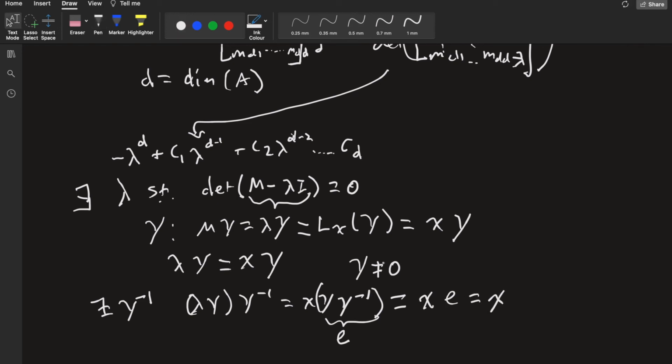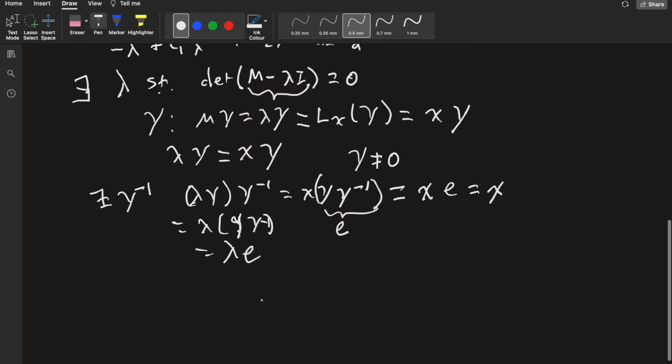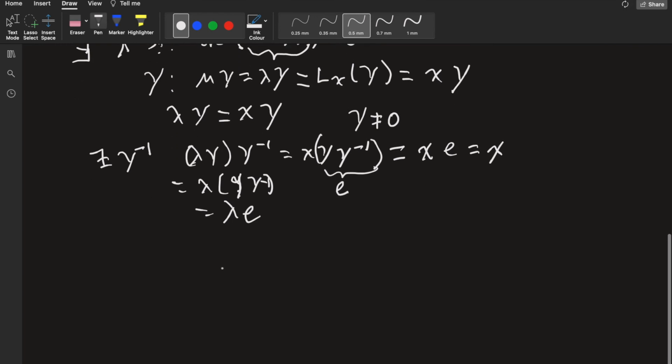And on this side, we have it's equal to, meaning that lambda E is equal to x.